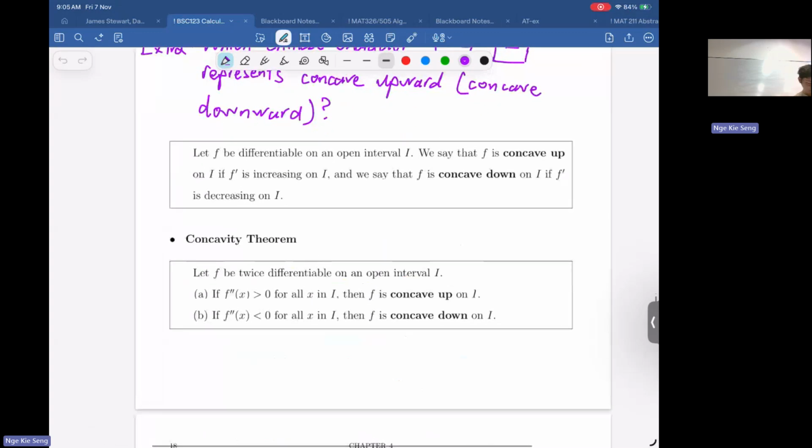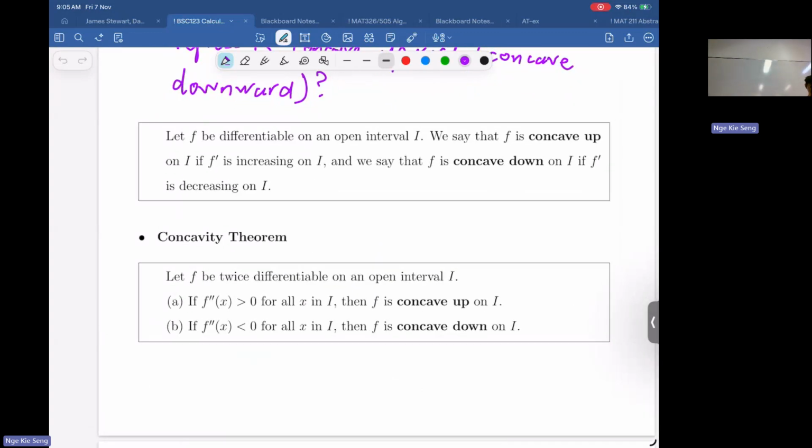So this is the concavity theorem: if your second derivative is positive, it is concave up. If it is less than 0, it is concave down. Good. But what is concave up or concave down? The definition is about how the shape looks. If the graph is going down, can it be concave up?